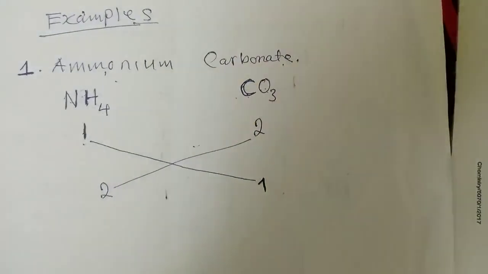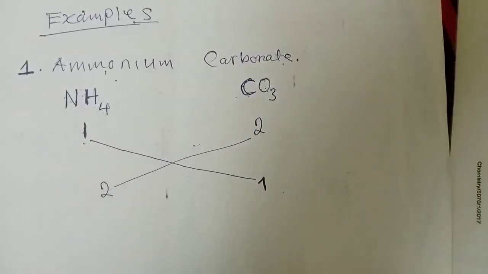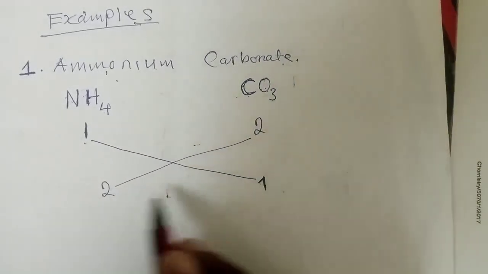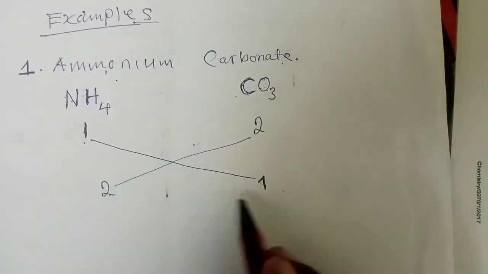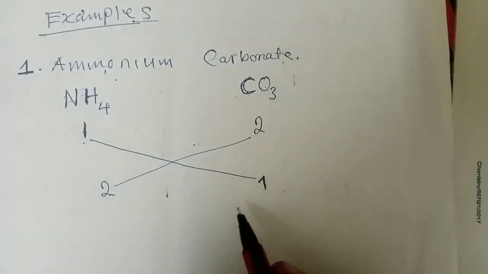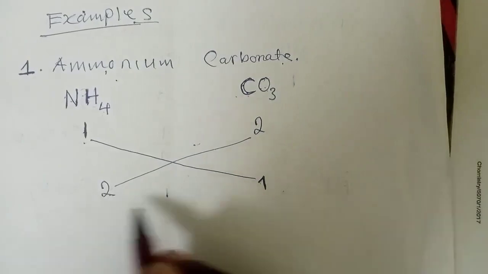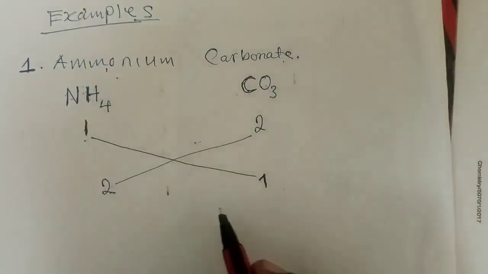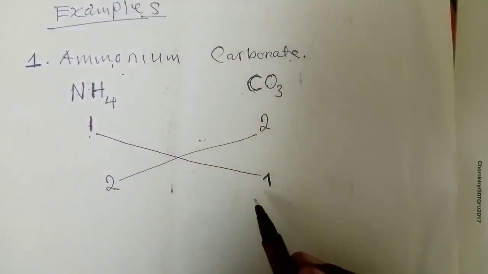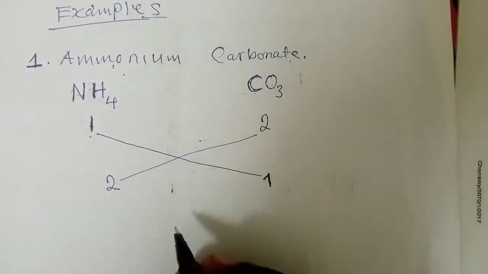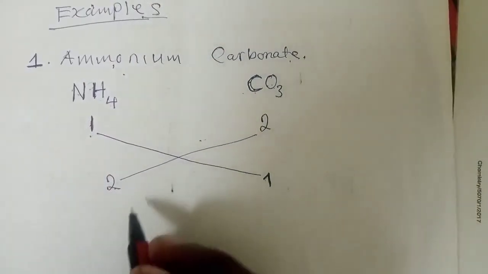Then the next thing that you're supposed to do is to look for a common factor of these two numbers. A common factor is actually a number that when you divide in both numbers, it won't give a remainder. So think about it.